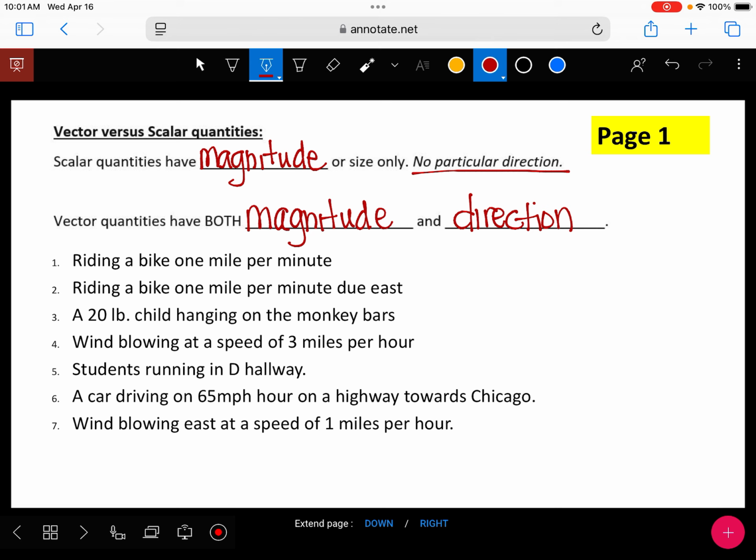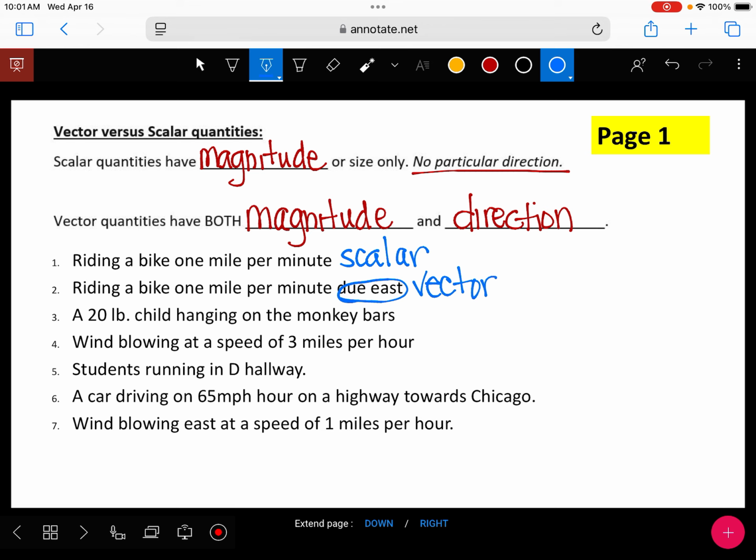Number 1, riding a bike 1 mile per minute. Well, because we don't know the direction, that would be a scalar quantity. Number 2, riding a bike 1 mile per minute due west. Now that I've included a direction, that becomes a vector.